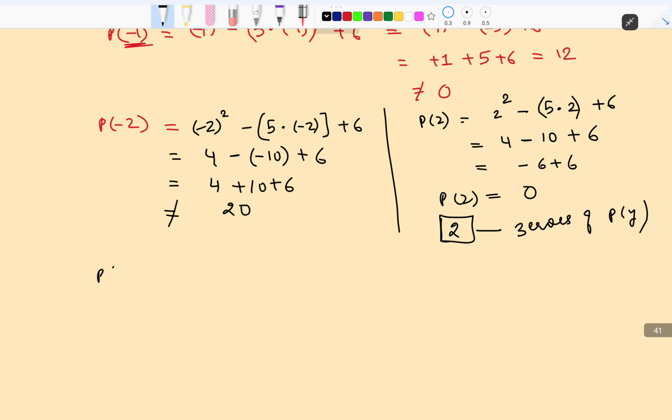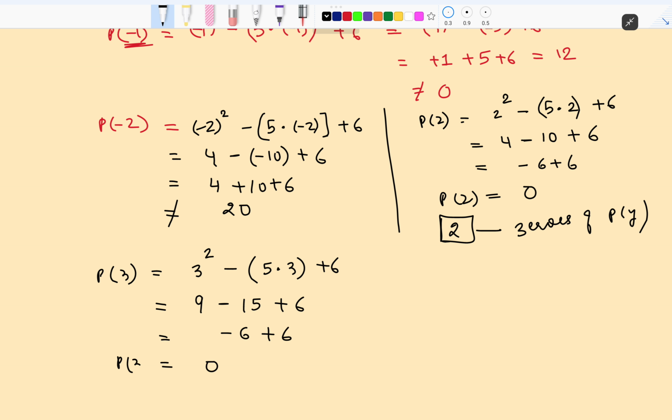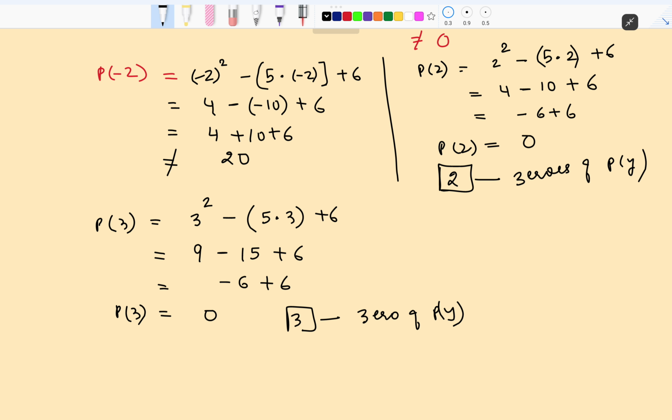Similarly, let's check for P of 3. It will be 3 square minus 5 times 3 plus 6. It's going to give me 9 minus 15 plus 6, minus 6 plus 6, which is 0. तो अब देखो 3 is another zero. So I have found two zeros. A was one of my zeros, which is 2, and B was another zero, which is 3.